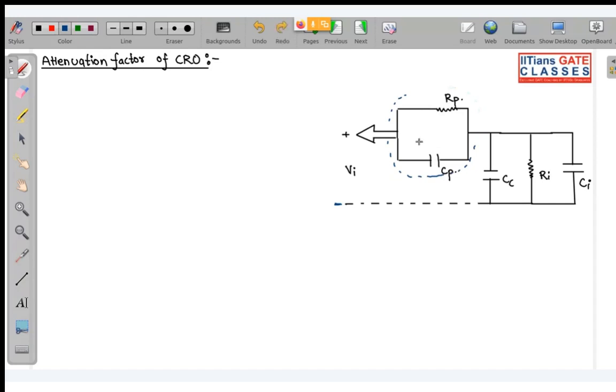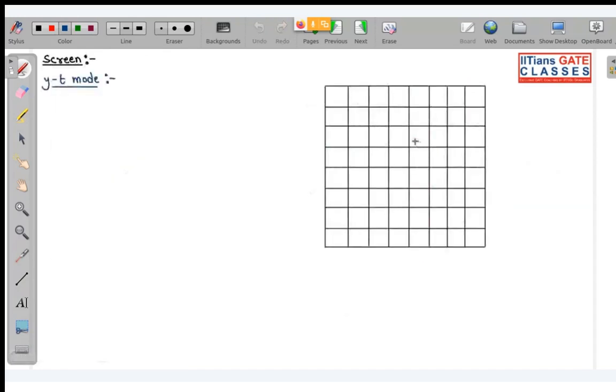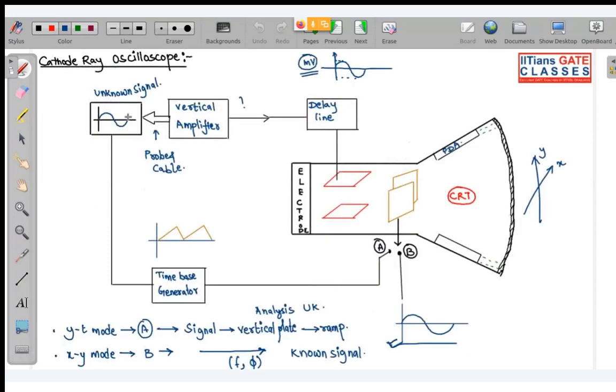Usually we give the unknown signal over here and amplify it. If this is the signal, will there be any phase difference between this signal and the same signal which is amplified?